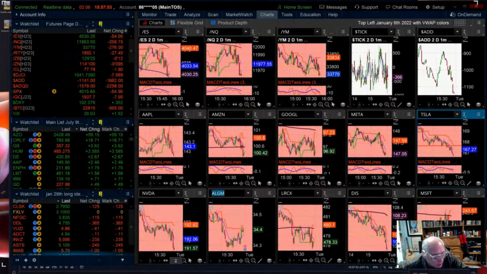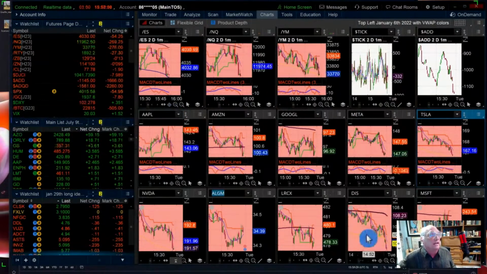I'm just getting out of overnight shorts, other than the spreads I showed you. So as you see, Disney falling apart. This one, I'm not sure.